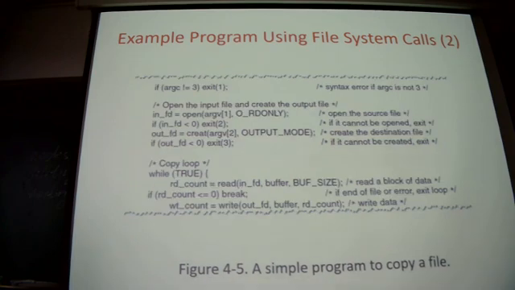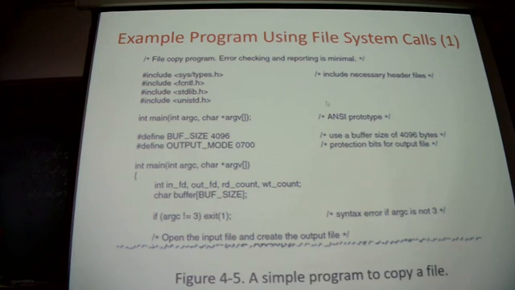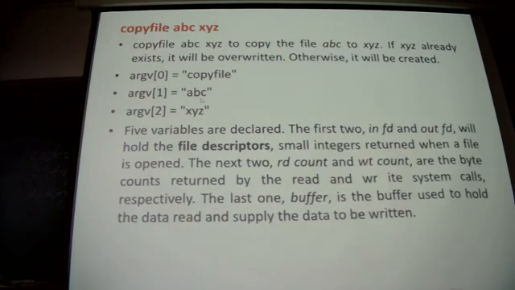This one means the index, index one of argv. Index one is ABC, and it is a string, the name of the input file.